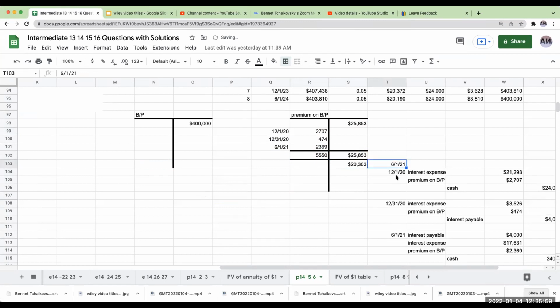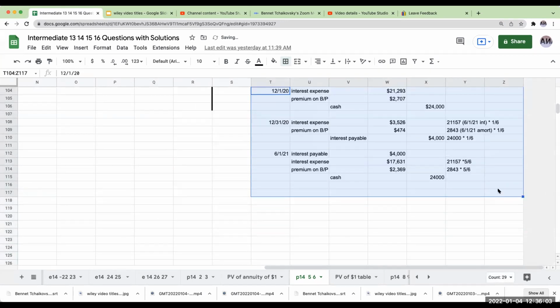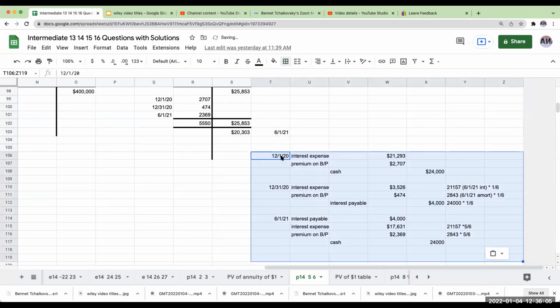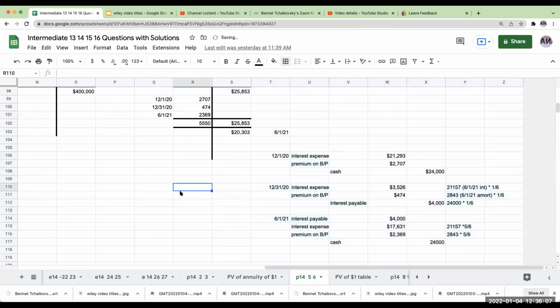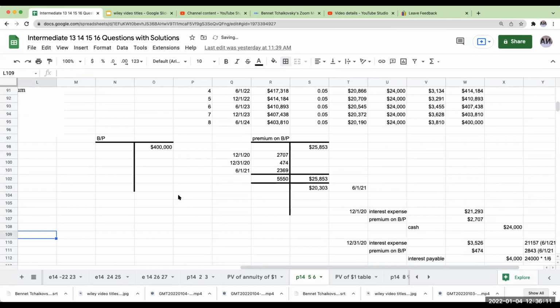To make my life a little bit easier for the bond redemption, I'm going to break up this bonds payable into 2 parts. I'm redeeming 120,000 of the $400,000 of bonds.